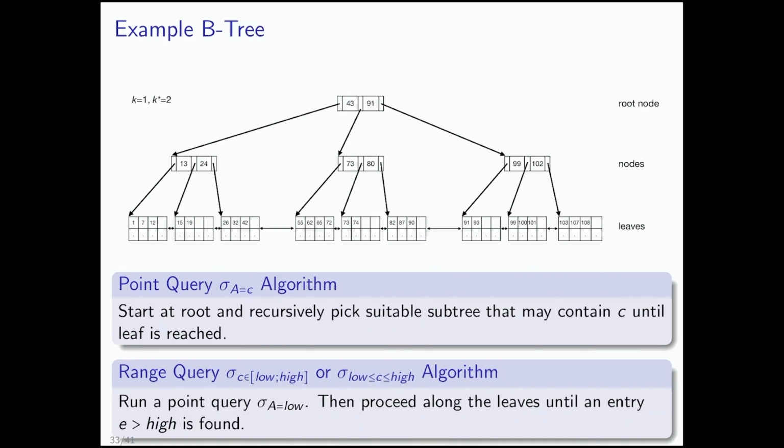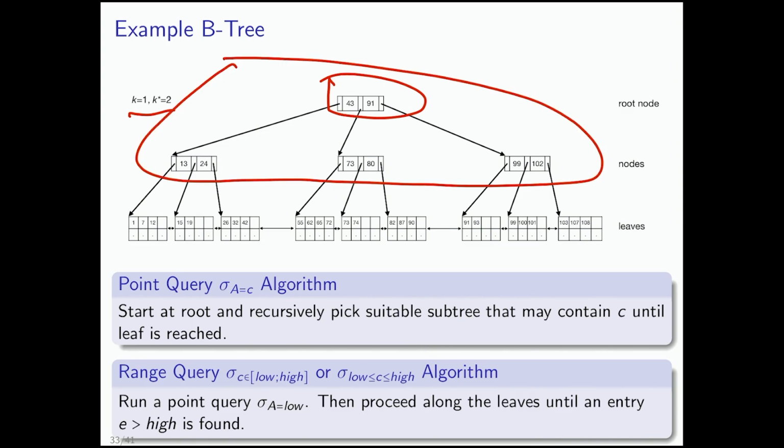Maybe let's look at an example again. It makes it easier to understand. Here's an example B-tree, and here I picked k to be 1 and k star to be 2, and it has 3 levels. This is a root node here, and you see these inner levels. It's always keys or pivot elements, and then there's a pointer to the left and to the right.